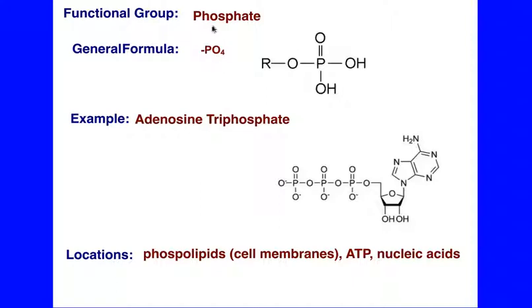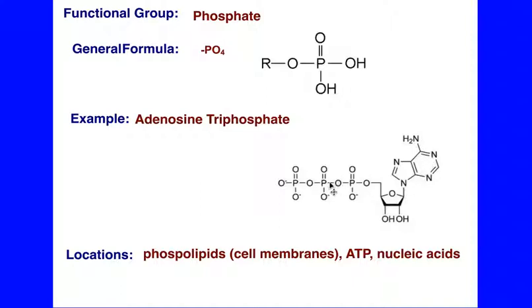All right, and our last functional group is called the phosphate group. PO4 is our formula. It might look something kind of like this, a P in the middle with 4 oxygens surrounding it. An example that we're actually going to learn later on in the year is adenosine triphosphate, or ATP. And this is what that molecule looks like.